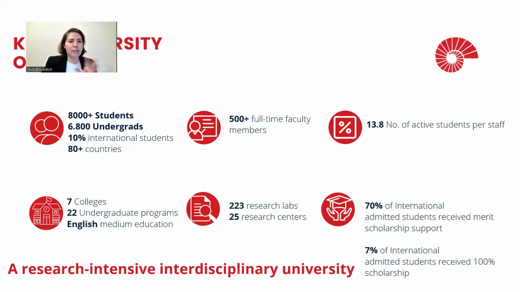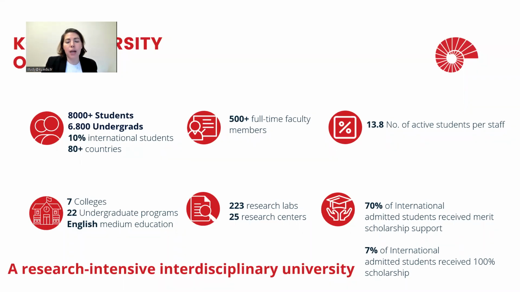So in terms of facts and figures, I don't want to dwell on this because nobody remembers this afterwards, but the kind of things that are very impressive to me, if I wasn't a person looking to study abroad, is, if I'm into research, the fact that this university has over 200 research labs and 25 research centers. That's very important because it gives you an idea of the type of opportunities that you can have here.